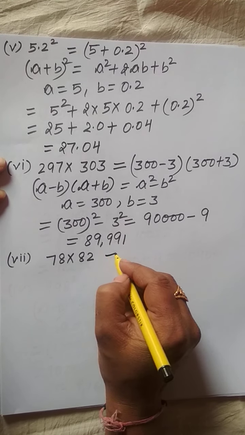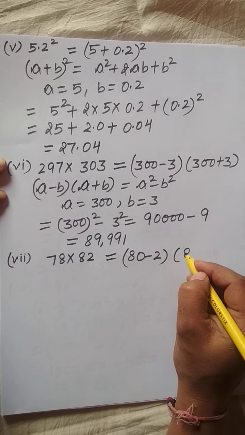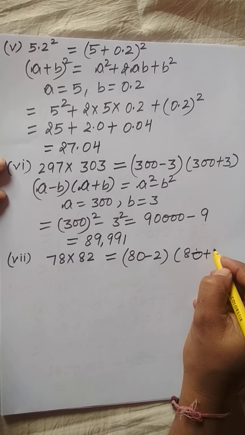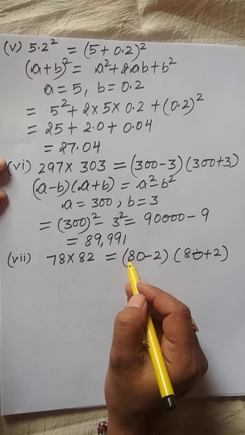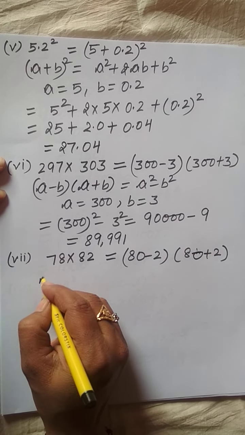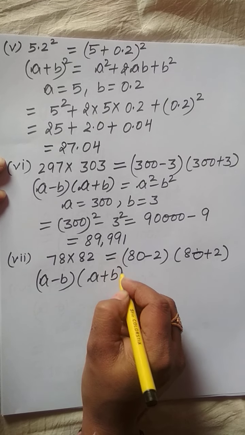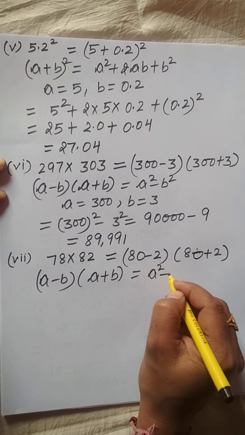Next part is 78 multiplied by 82. It can also be written as 80 minus 2 and 80 plus 2. 78 can be written as 80 minus 2 and 82 can be written as 80 plus 2. Now again, this is the type of (a minus b) into (a plus b), which is equal to a square minus b square.